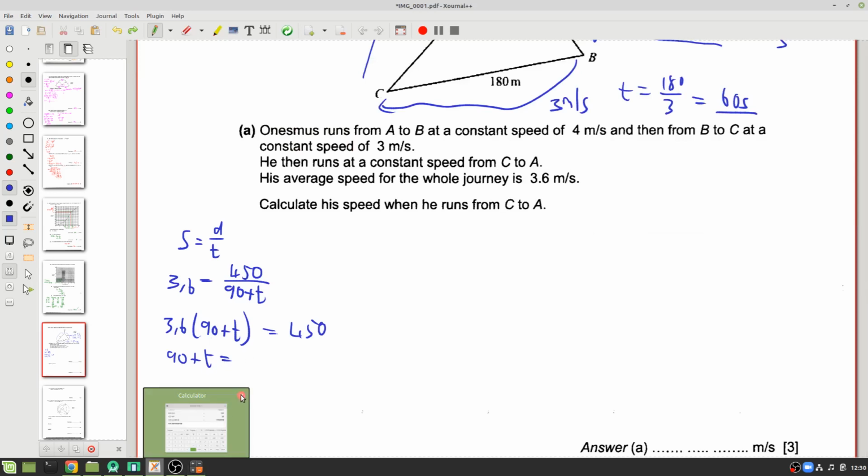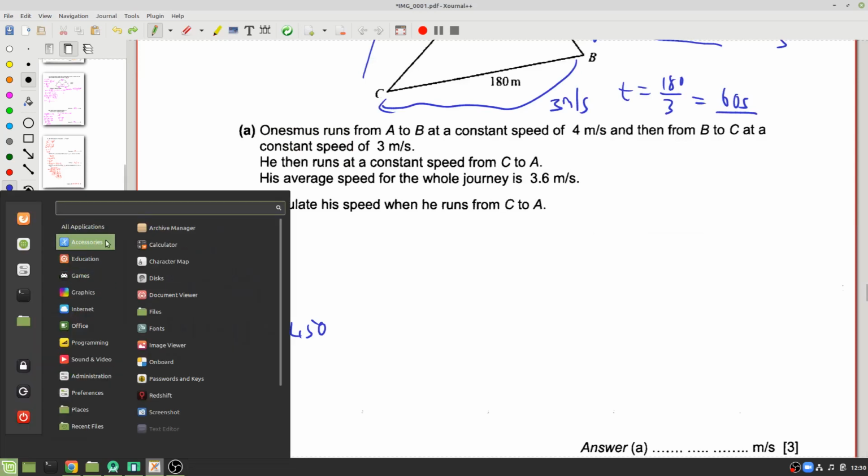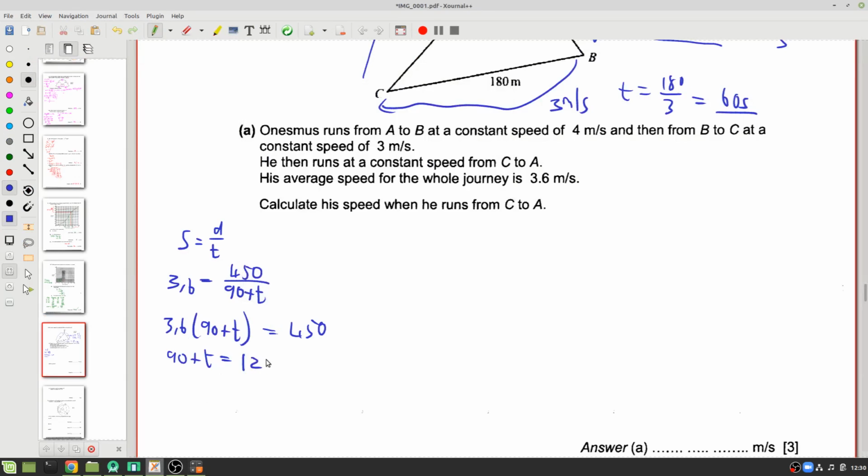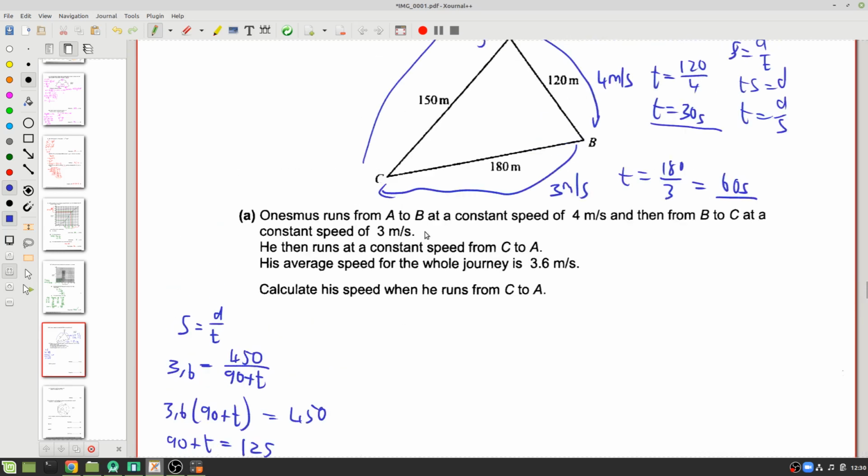So let's quickly check what that is. We've got 450 divided by 3.6, and that gives us 125. And then to get t by itself, we just subtract the 90. So we get t equals 35 seconds. Okay, so it took 35 seconds to run that part.